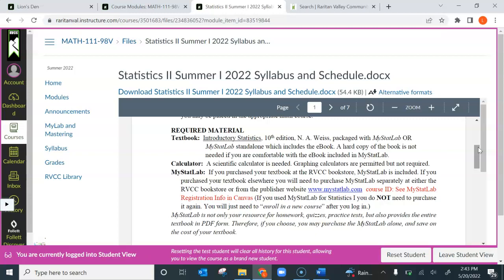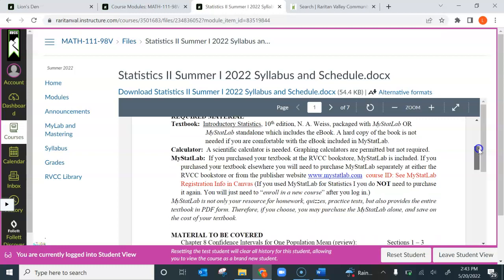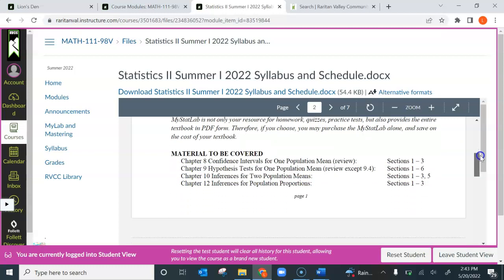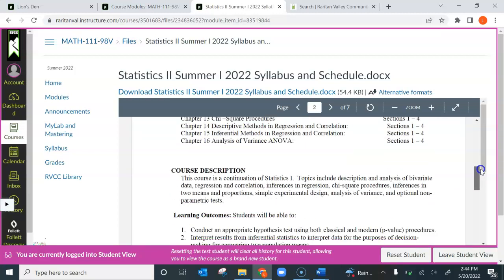And it'll provide a place to work out your homework as well. As you can see, we will be reviewing some of those chapters, some of the information you ended with in Stat 1, which was confidence intervals and hypothesis test for one population mean. The rest of it should be all new material.